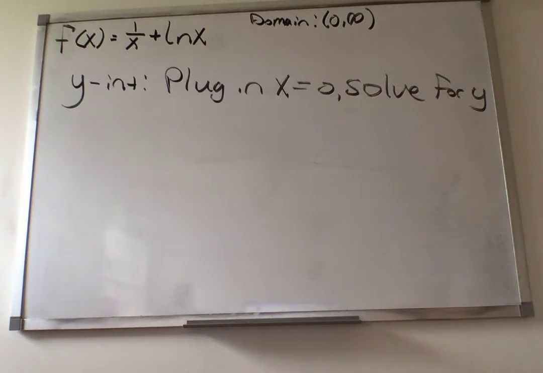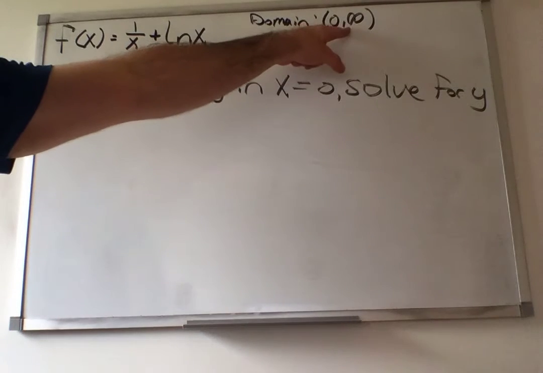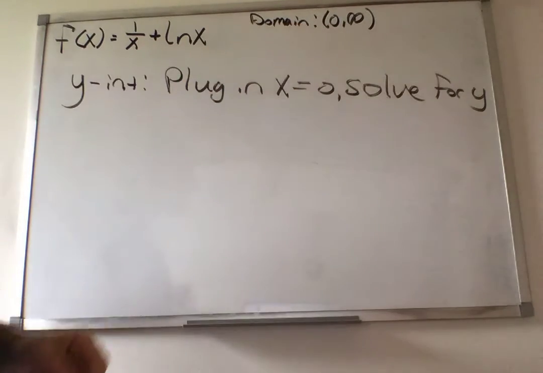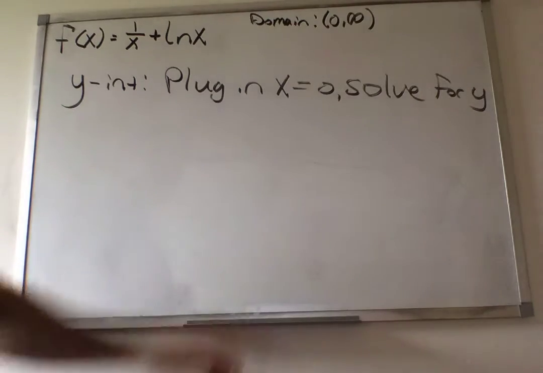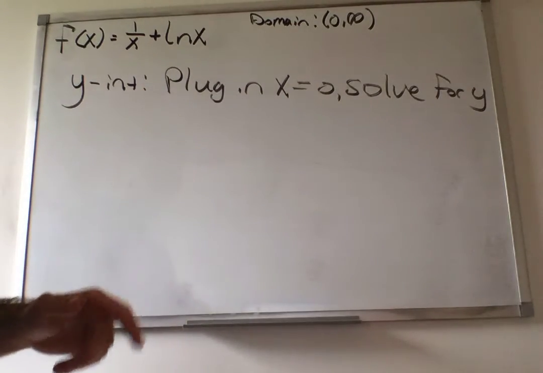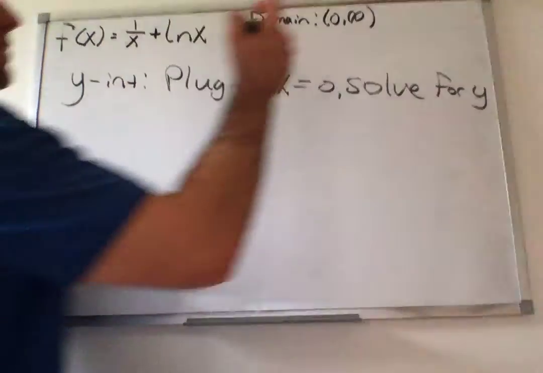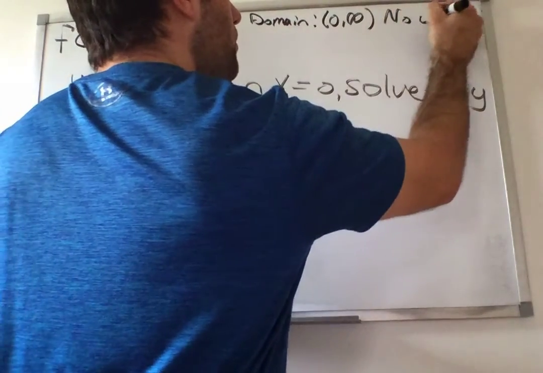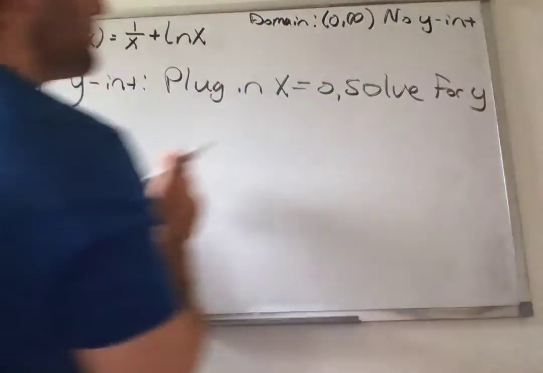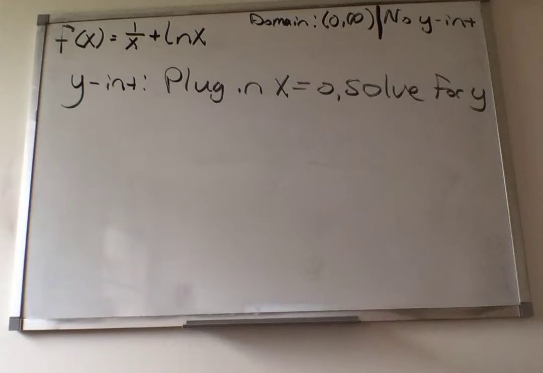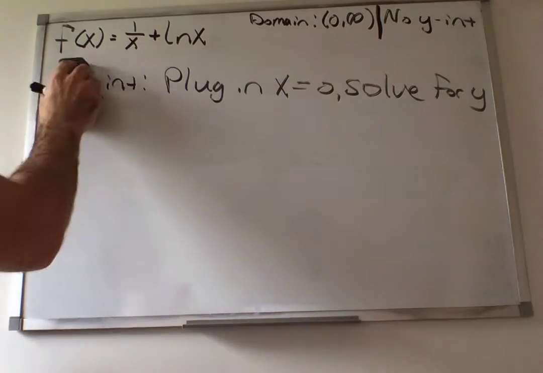But we have a problem plugging 0 into this function because 0 is not in our domain. There is not a bracket here, so we are not including 0. So we can't plug 0 into here, therefore there are no y-intercepts. No y-intercepts. So let's put a line to separate the two.